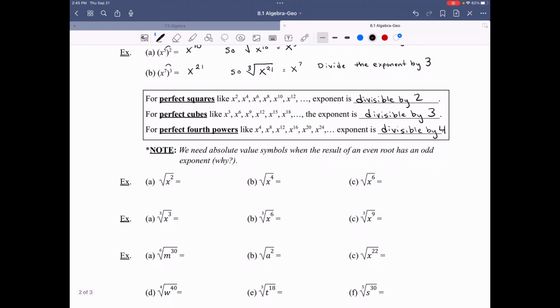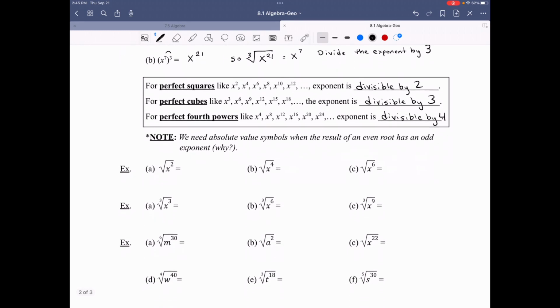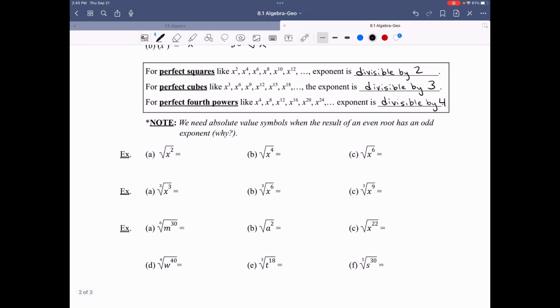And for fourth powers, the exponent is divisible by 4. We need absolute value symbols when the result of an even root has an odd exponent. Why? Because we need to make sure that the result is positive.